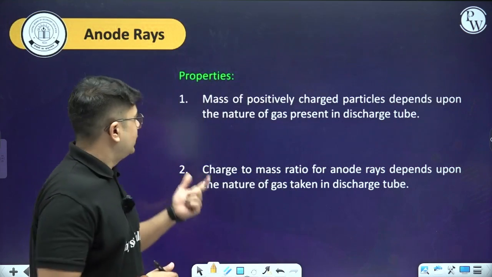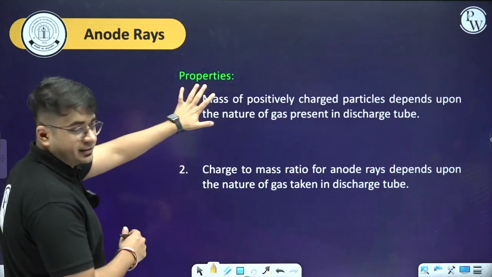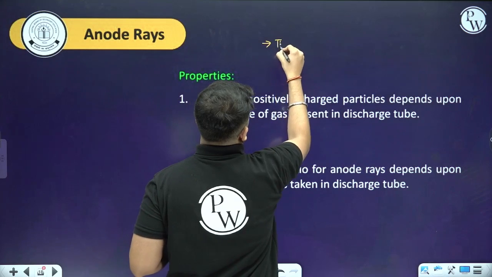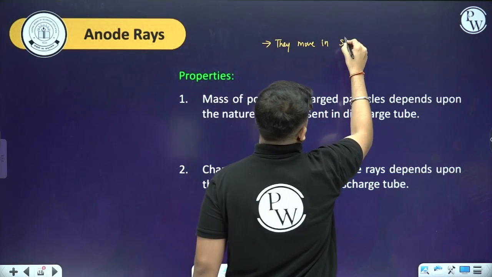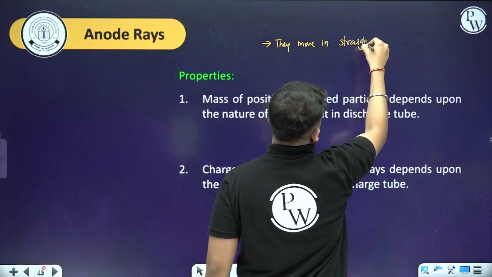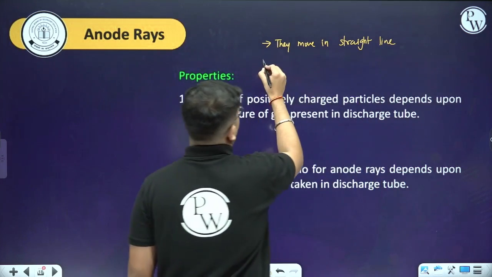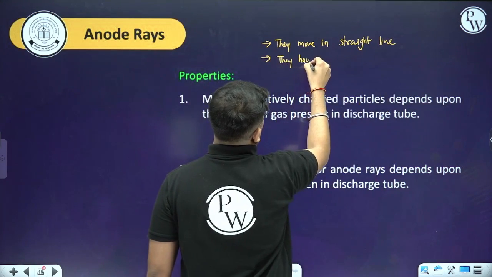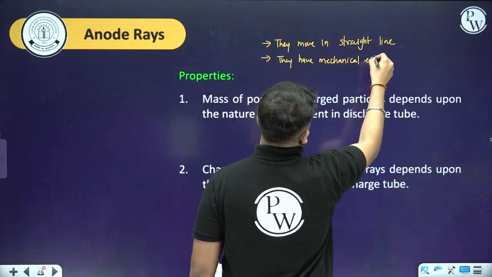First part is very easy, like the mass of positively charged particles. Before discussing this first portion, I can say: they move in a straight line, like your cathode rays. Second, they have a mechanical effect.